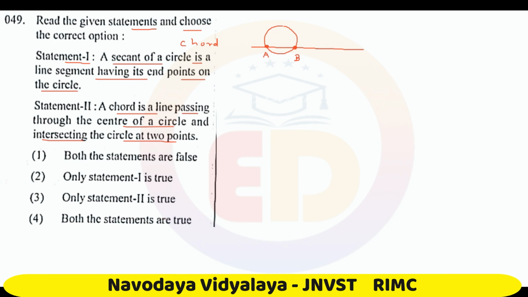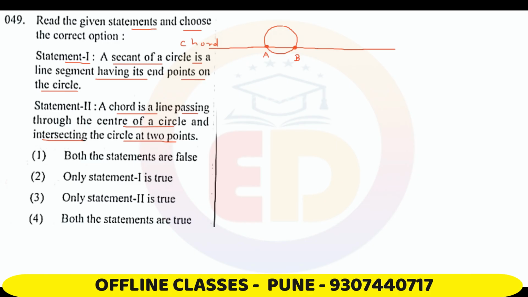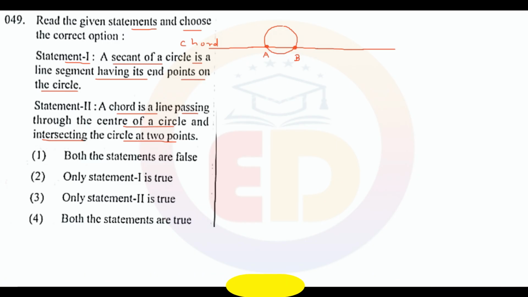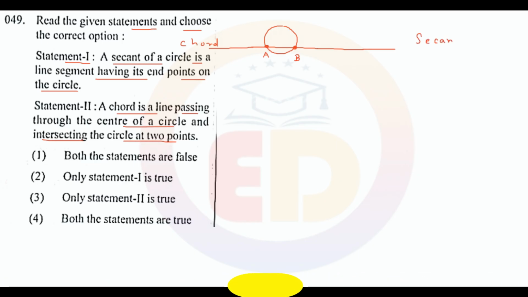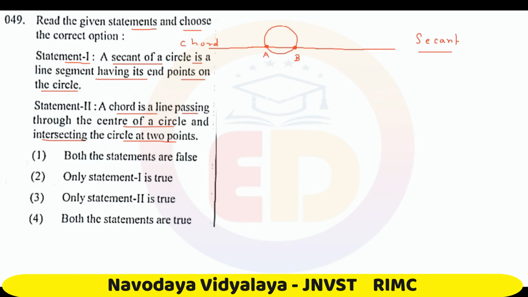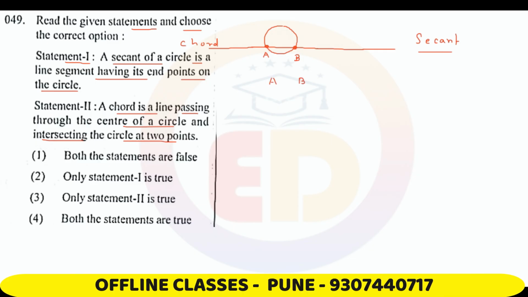And as we know that a line has no fixed length, so it will continue on both sides infinitely. Such a line is called a secant. And secant is forming a chord AB. So AB is the chord formed by the secant.